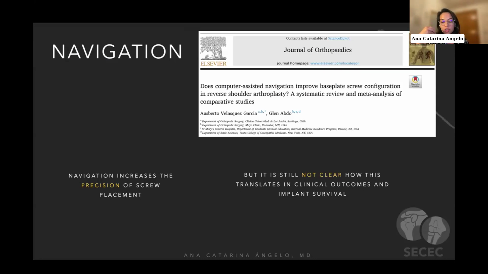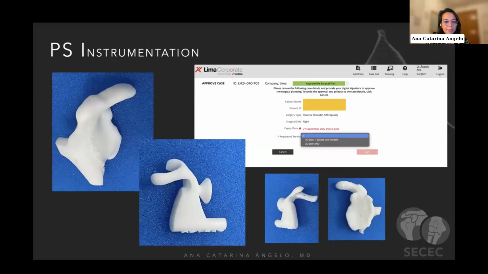And in shoulders in which you don't have a lot of place to actually fix your base plate, the screw placement is super important. Nevertheless, it's still not clear in the literature how this translates in clinical outcomes and implant survival. So we're still not sure if this expensive tool can improve our clinical outcomes.